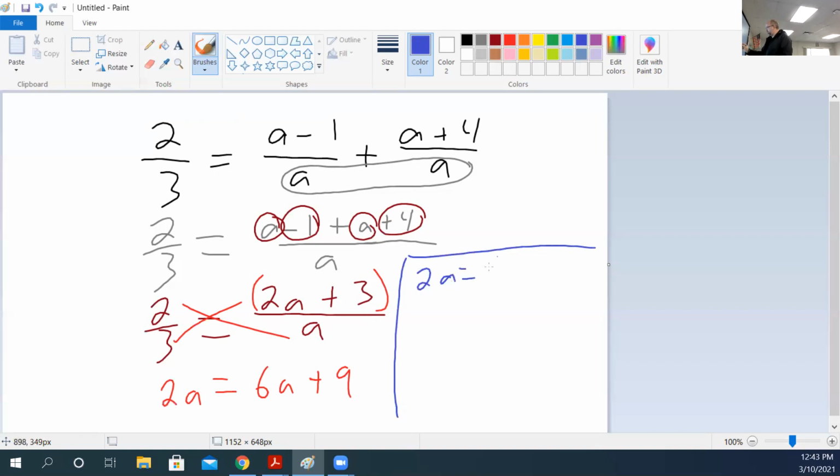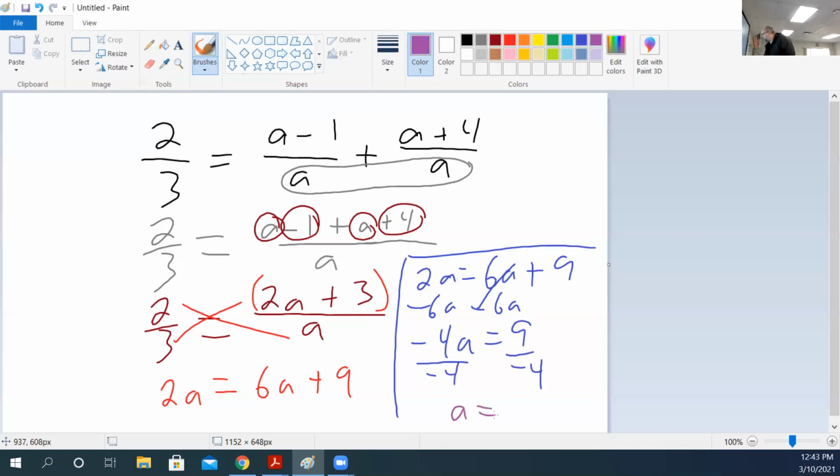Just copy it down, 6a plus 9. Now subtract 6a from both sides, opposite, move it across the equal sign. So negative 4a equals 9, then divide both sides by negative 4, and we get our answer of a equals minus 9/4.